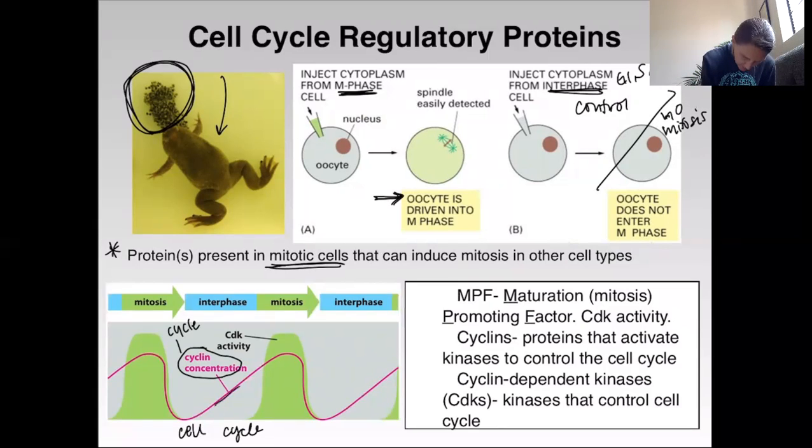And when their levels get very, very high, they activate another protein called CDK, a cyclin-dependent kinase, right? We haven't really talked about kinases yet, so we're not going to go into too much detail. But as cyclin levels go up, they induce another protein, and that protein can thereby induce mitosis, right?